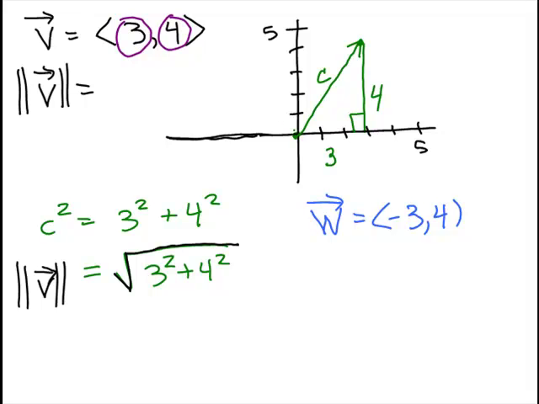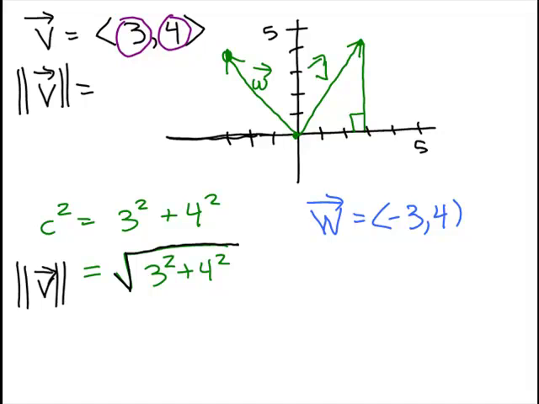I would just go over negative 3 and up 4, and I would get that vector. So let me label these a little bit better. Let's take off these numbers for the moment, and this is actually vector v. Okay, this actually is vector w.